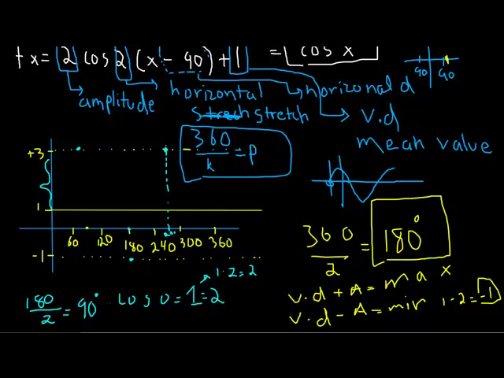Now, half of these two points: half between 90 and 180, let's calculate it. 180 plus 90 is 270. 270 divided by 2 should equal 135.